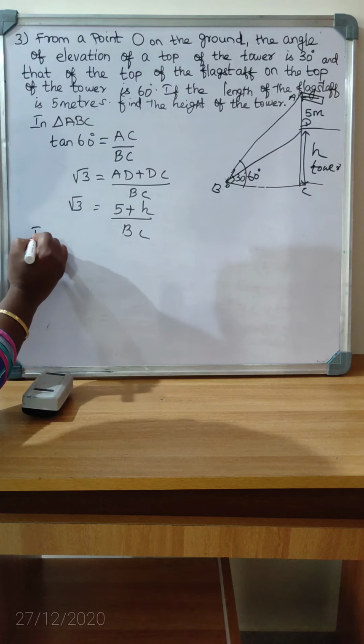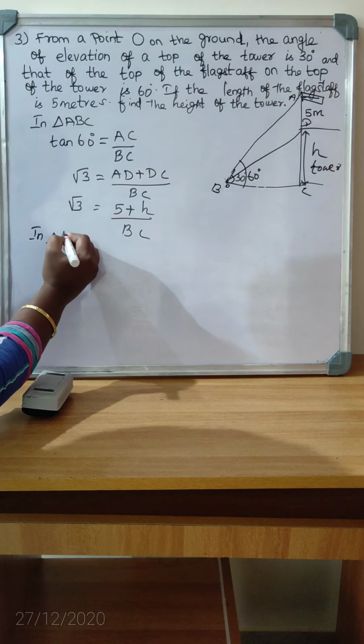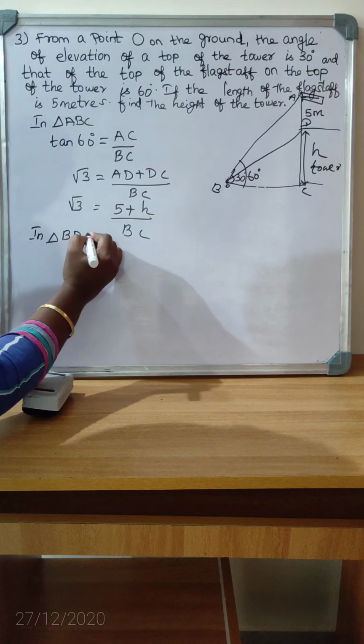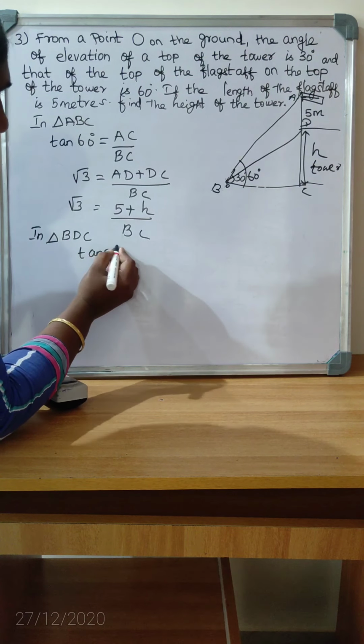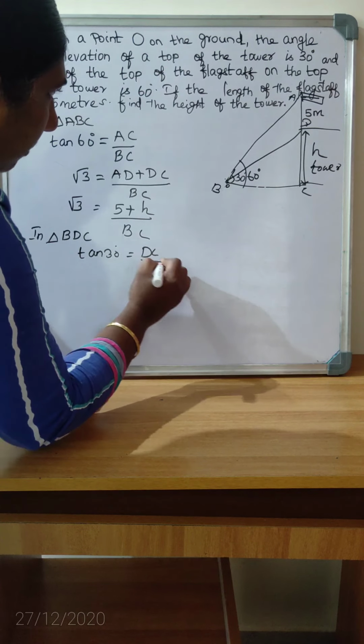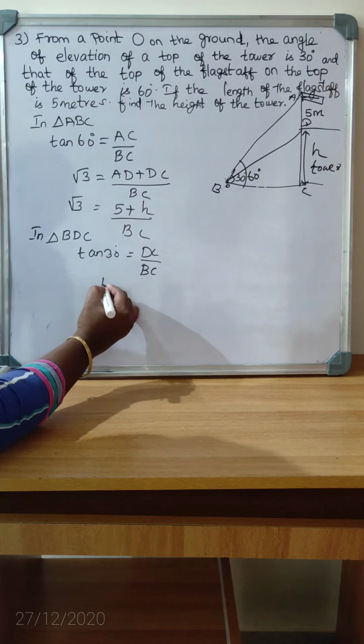Now we are going to see one more triangle, BDC. Tan 30 equals DC by BC. Tan 30 value is 1 by √3.